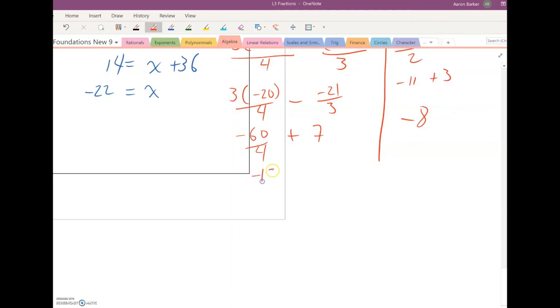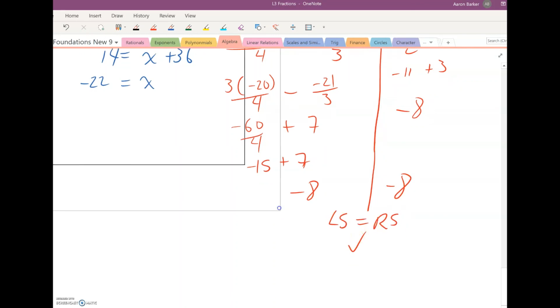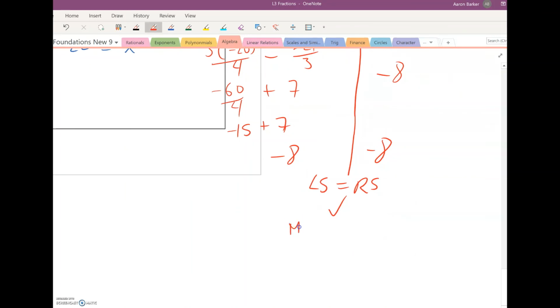So negative 15 plus 7, and we get negative 8. So we get negative 8, left side equals right side, check. What does this mean? This means x equals negative 22 is correct. All right, so that's the result of the check and what it means.